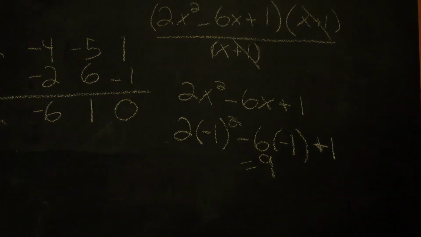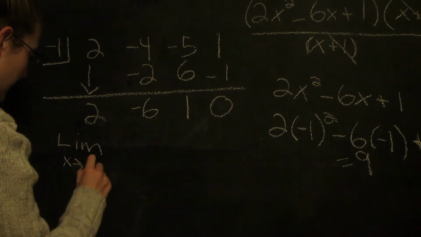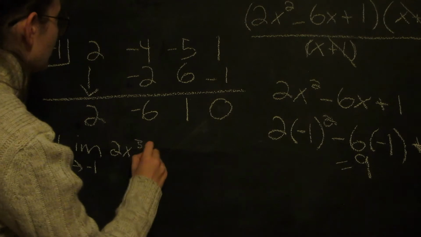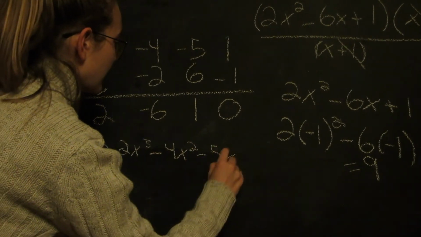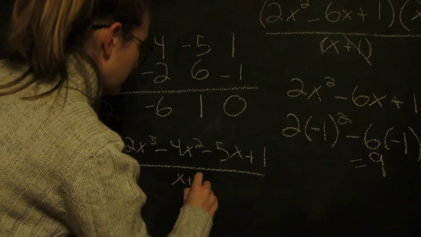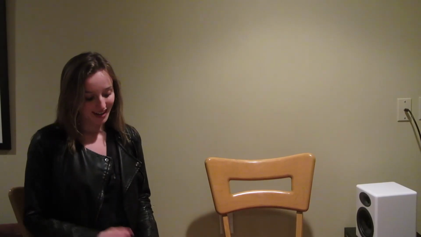And so we're going to be writing this down here. So the limit as x approaches -1 of 2x cubed minus 4x squared minus 5x plus 1 over x plus 1 equals 9.